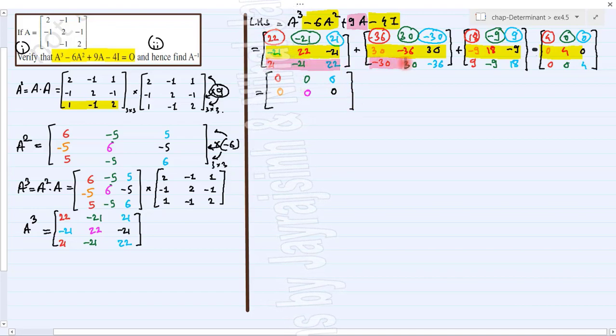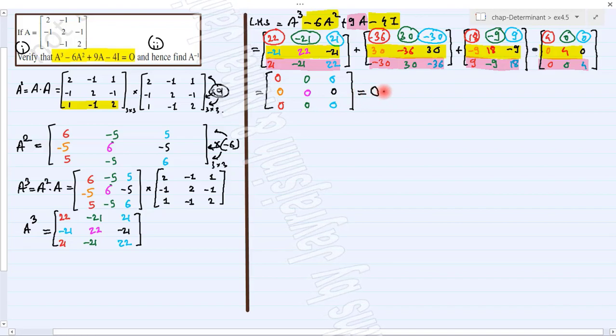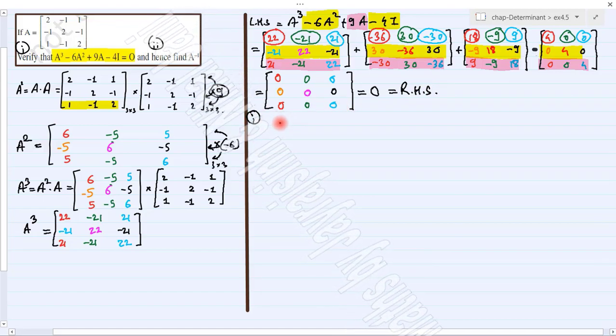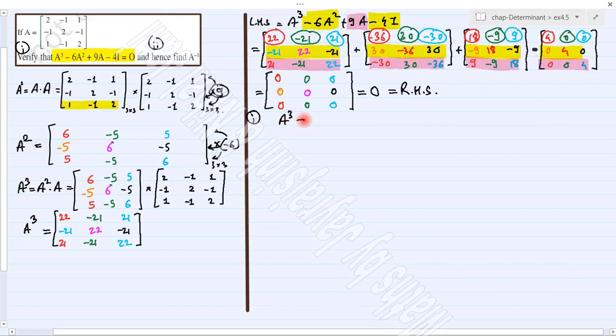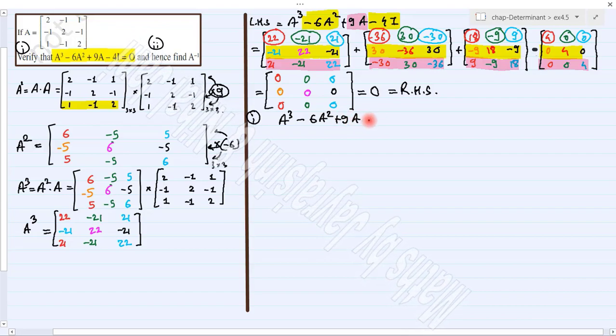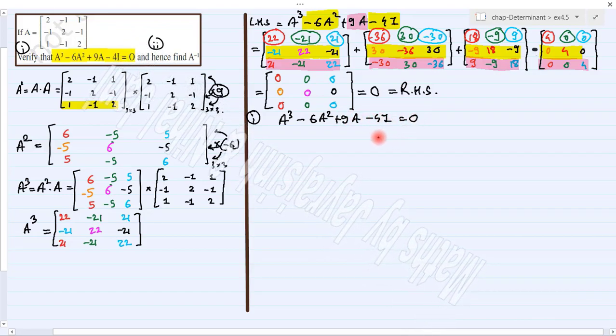Similarly, from respective elements of third row, we will get 0, 0 and 0, which is your 0 matrix and also required right hand side. So we verify your first part of the question, in which you obtain that your A cube minus 6A square plus 9A minus 4I is equal to 0 matrix.